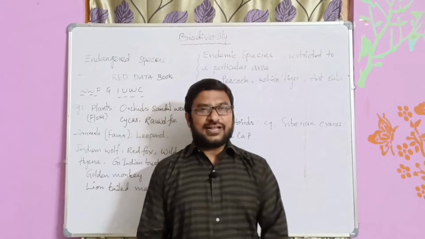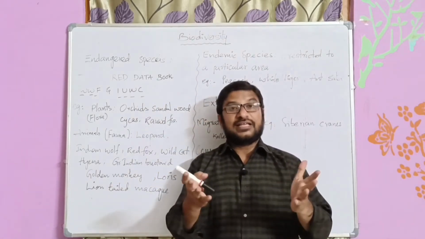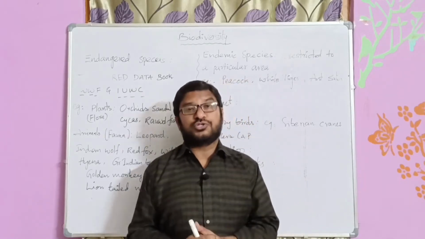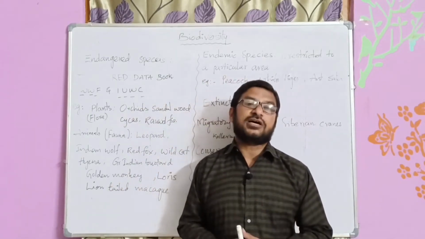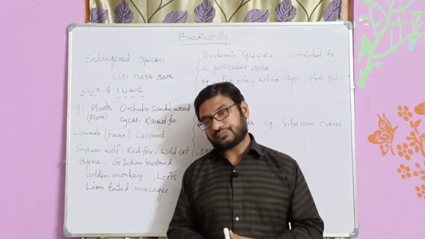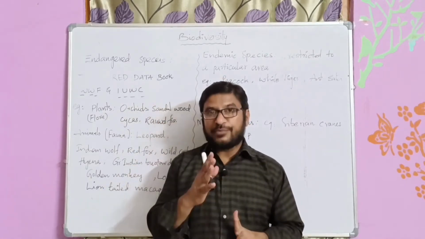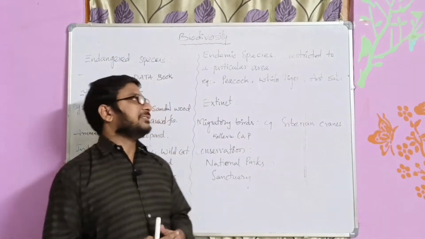If there is no interrelation or no dependence on each other, then as I already told you, the entire environment will be disturbed. So biodiversity plays a prominent role in the survival of the living organisms.